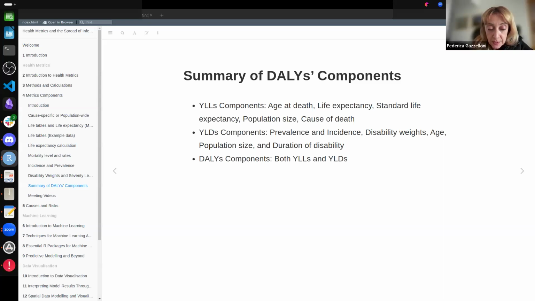When you look at the prevalence, it is the number of existing cases. So the number of cases within a certain population, so the number of heart attacks within a certain population, and they are prevalent, so they are ongoing at a specific point in time.